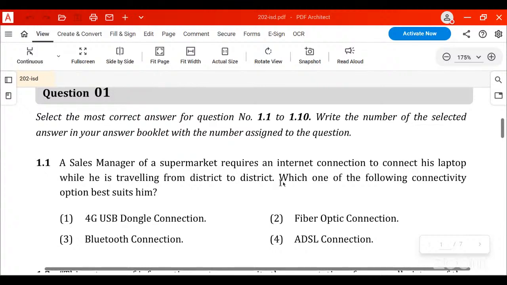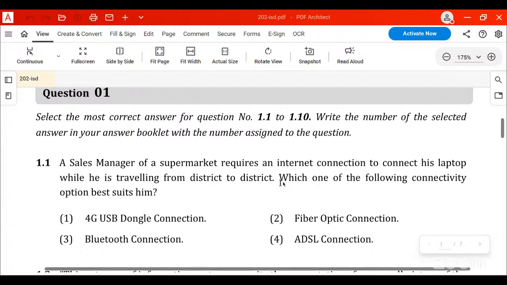Which one of the following connectivity options is the best suited? Now, we have discussed many connectivity options in the internet connectivity lesson, in the infrastructure chapter. Now, this is asking for the mobile internet solution. Just think about all things. The 4G USB dongle connection means there is an HSPA connection, high speed packet access.